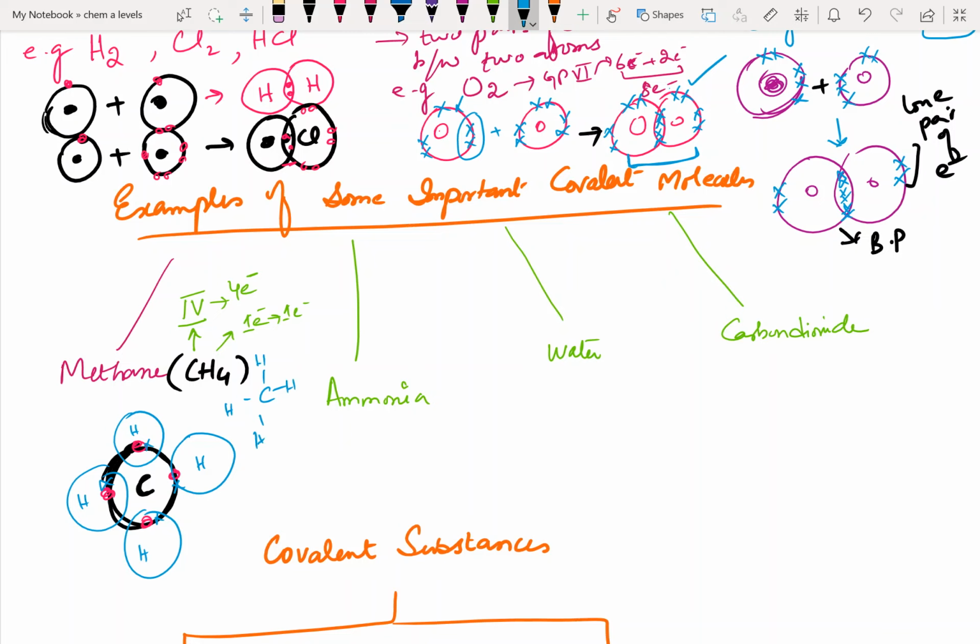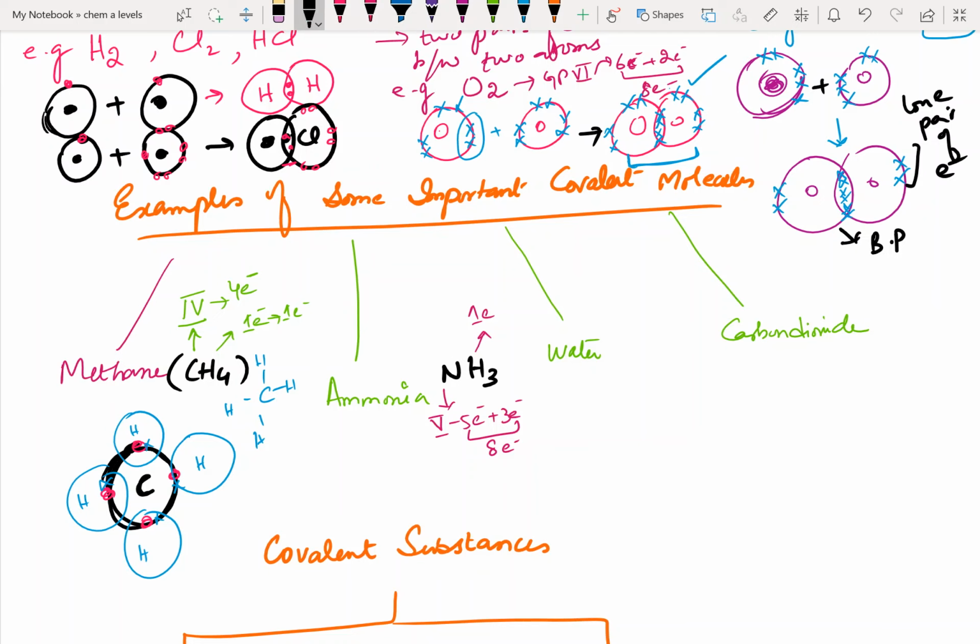Let's come to ammonia. Ammonia is NH3. Nitrogen belongs to group 5. It has 5 electrons in the outermost shell. It needs 3 more to make up 8, whereas hydrogen needs 1. So nitrogen needs more electrons.